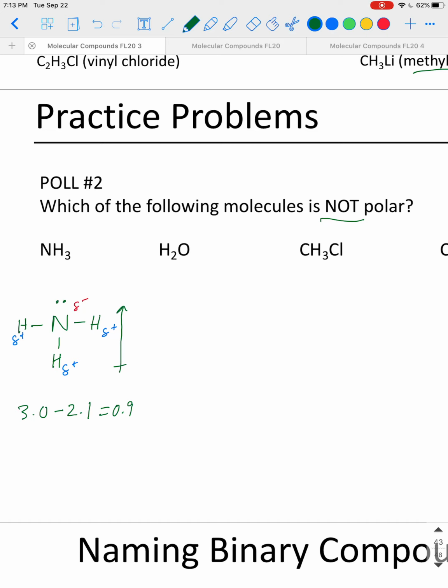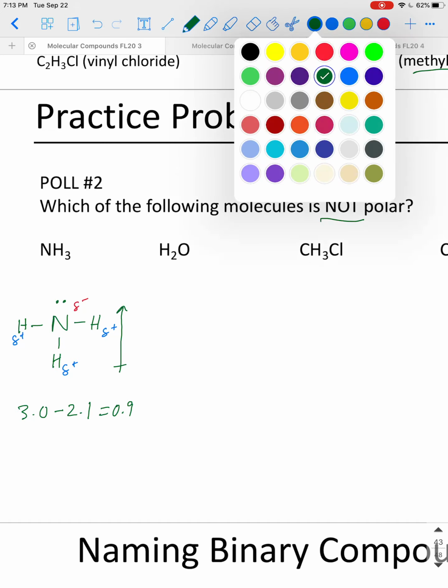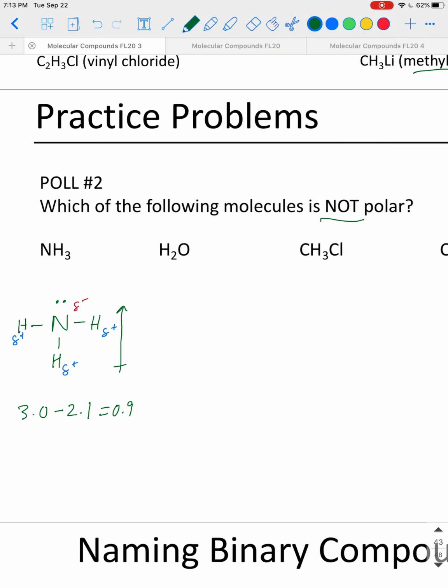Okay, let's talk about water. We actually already looked at water, very first slide of this video, but let's draw a molecule of water. So we have hydrogen, oxygen. We know this molecule is bent. We've got two lone pairs on oxygen.